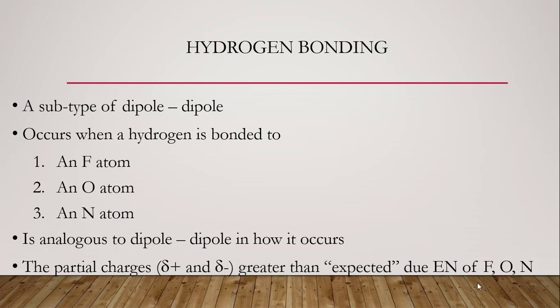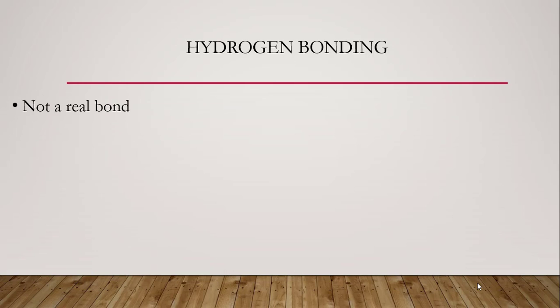The partial charges, the delta plus and the delta minus, are greater than expected because of the high electronegativity of fluorine, oxygen, and nitrogen. Now, the name is somewhat of a misnomer. It's not a real bond. It is an intermolecular force, not an intramolecular force. But it is stronger than a straight dipole-dipole.